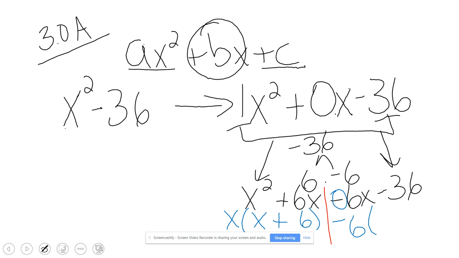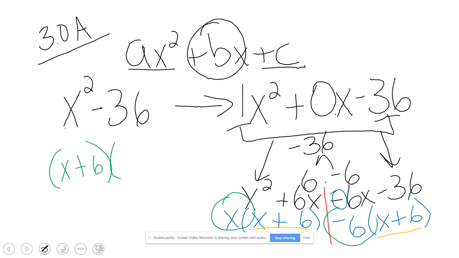Negative 6x divided by negative 6 is x, and negative 36 divided by negative 6 is positive 6. So here's our two sets of parentheses that are exactly the same. And so x plus 6 is one of our factors, and then the x minus 6 that we pulled out is our other factor.